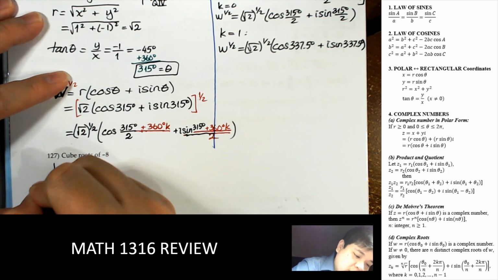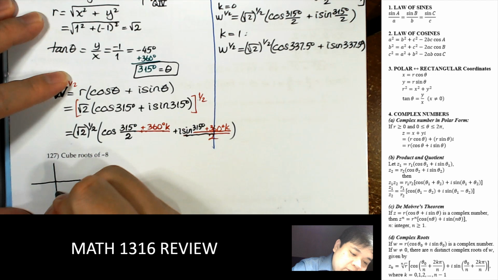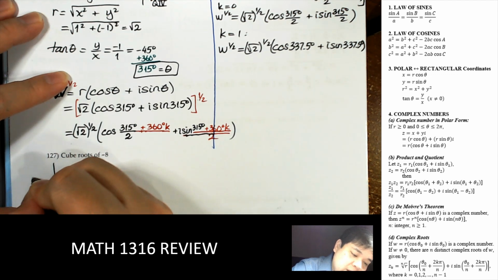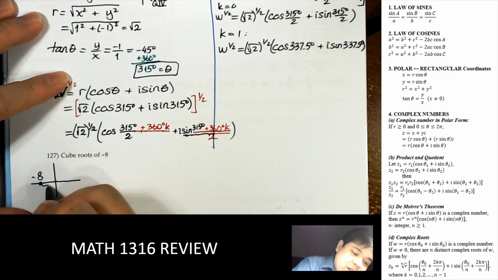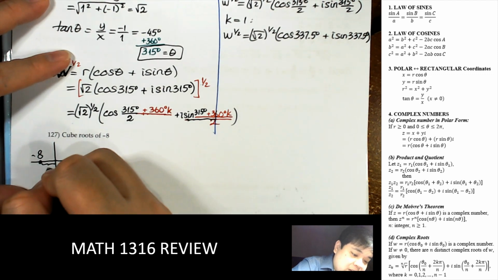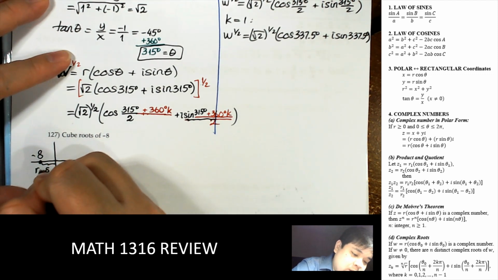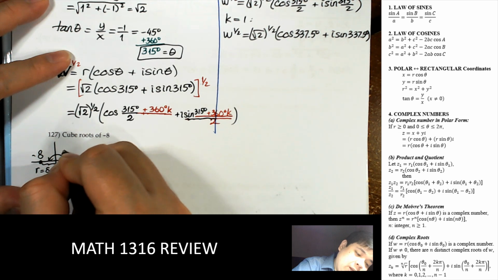Right. Next one we have cube root of negative 8. So if we're going to write negative 8, the distance to the origin is 8, so that is r, and the angle is 180.